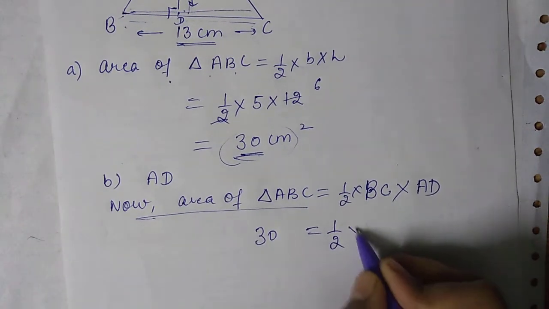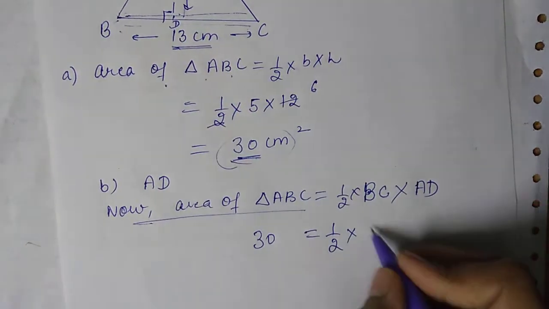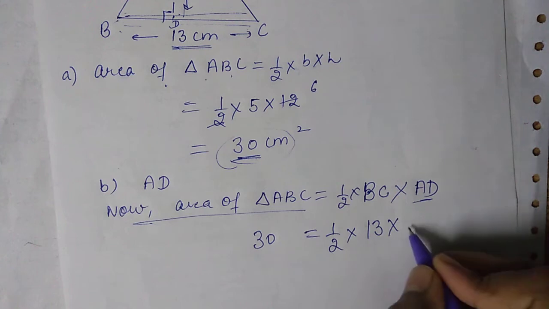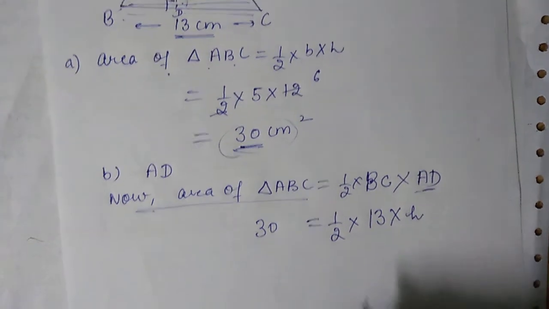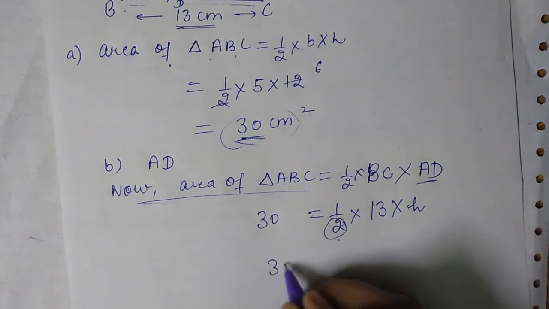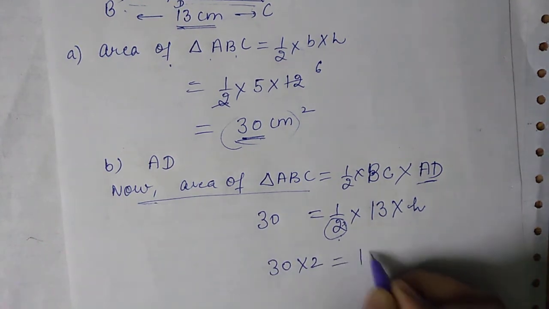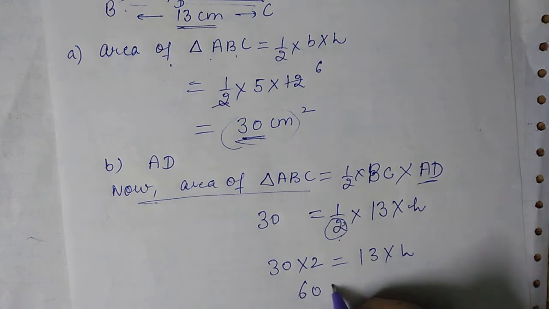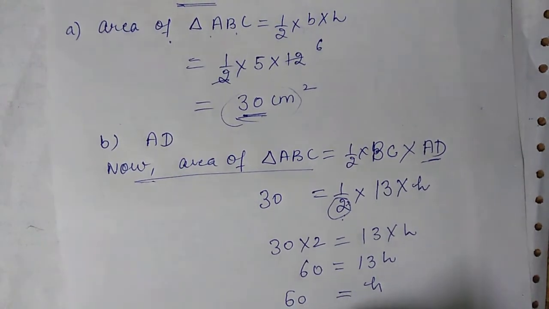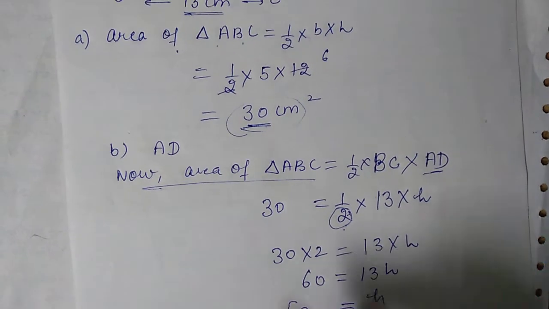BC is 13 centimeter given, and I have to find AD. So let it be H. Now this half is in divide, so it will be in multiply. So 60 is equal to 13H. So H is equal to 60 over 13, and this is in centimeter.